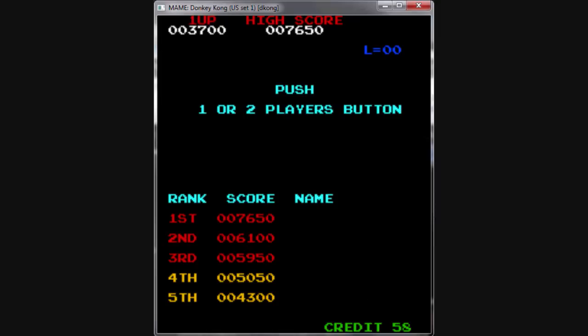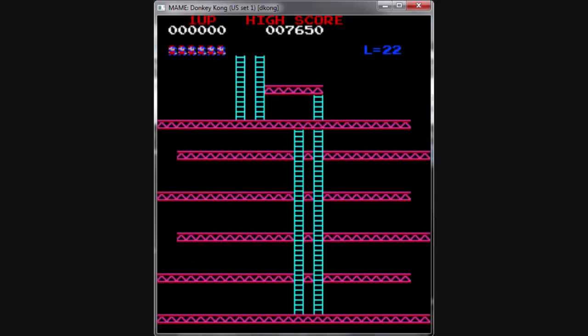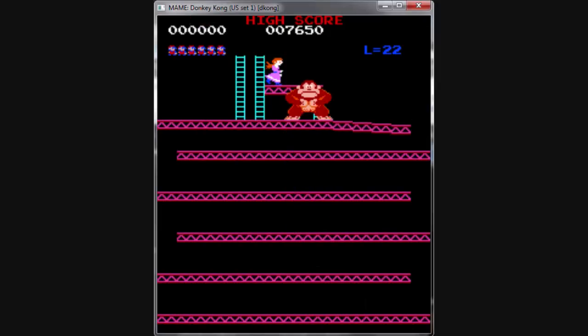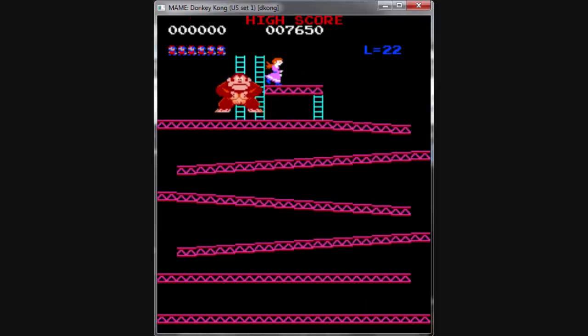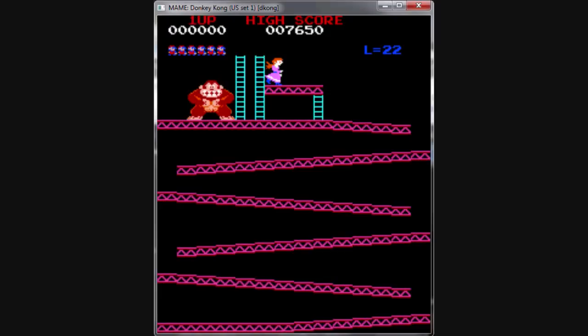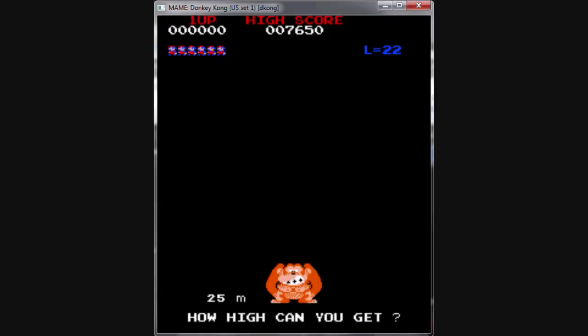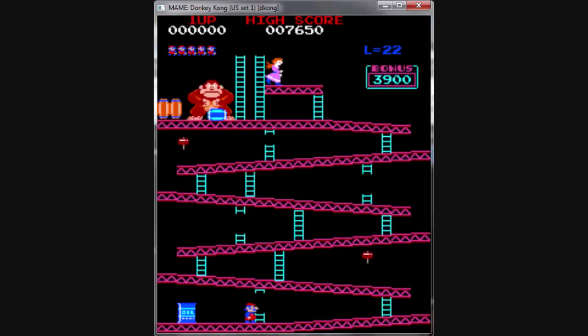Now in Donkey Kong, its kill screen is as follows. When the player reaches the 22nd level of Donkey Kong, this kill screen occurs. Now this kill screen is due to a programming oversight with the level timer.